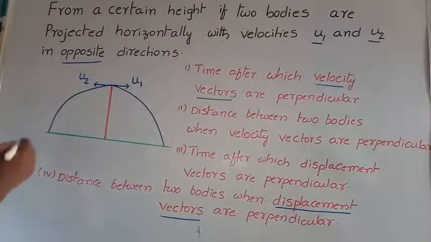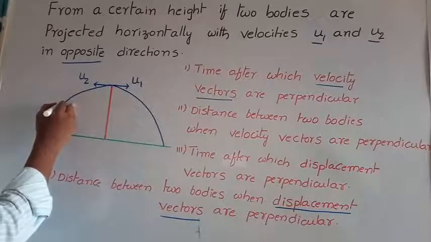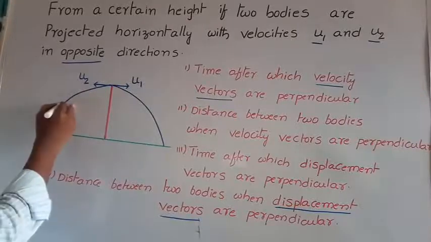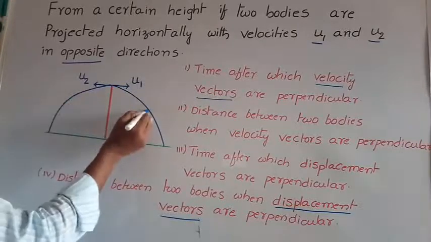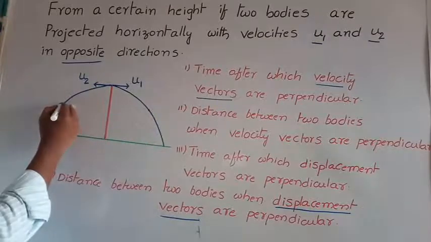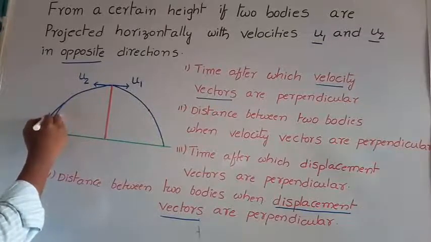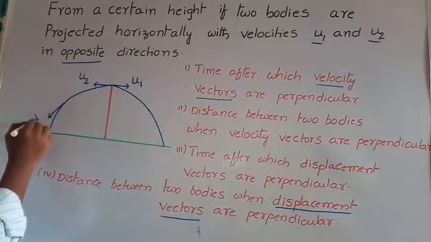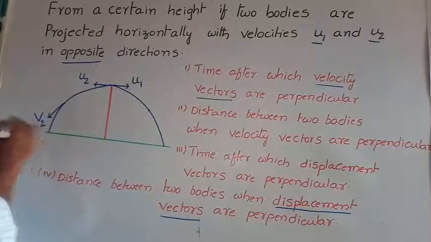I am assuming that after t seconds, this is the position of the second particle and this is the position of the first particle. Here you draw a tangent; it gives the velocity vector. This is the velocity vector of the second body, v2.